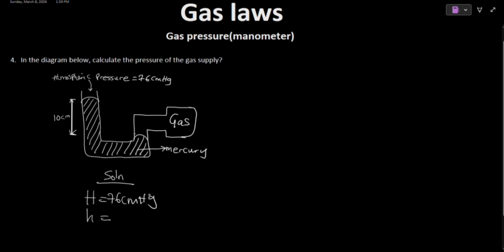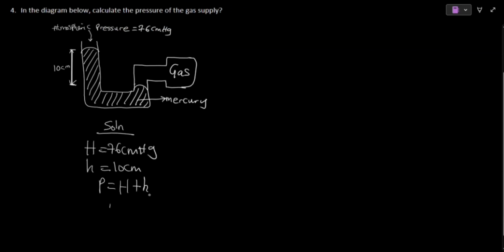The pressure difference is what? 10 cm. Now, the gas pressure is still greater than the atmospheric, so P is equal to H plus small h, so that P is simply 76 plus 10, and the answer is 86 centimeter mercury.